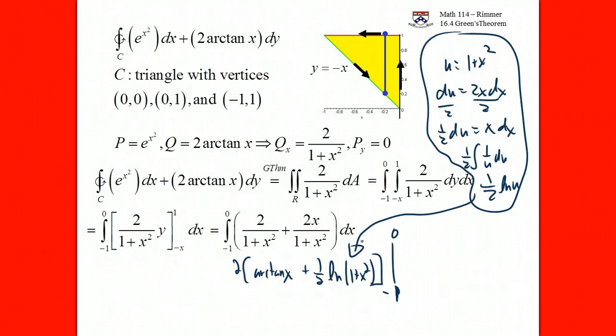We gotta plug a 0 in. What is the arctan of 0? 0. What is the natural log of 1? 0. Oh, that's weird. So the upper limit gave us 0. Okay. Lower limit. What is the arctan of negative 1? Be careful.